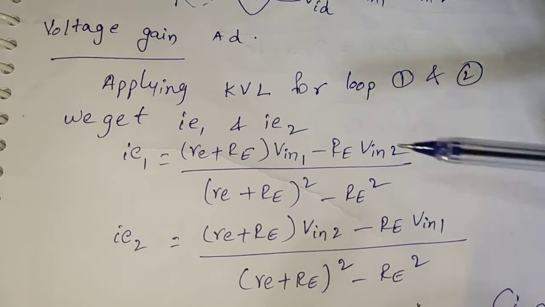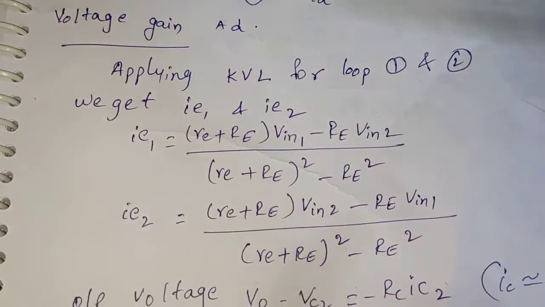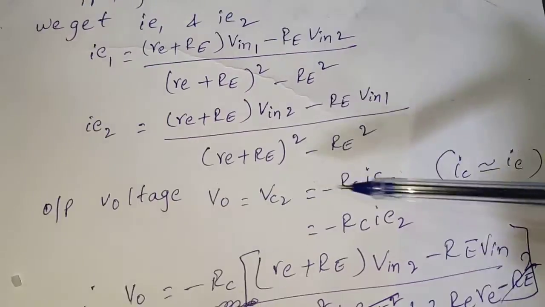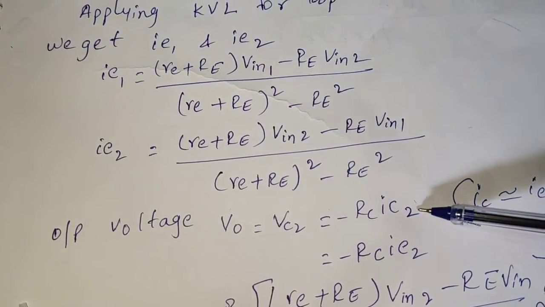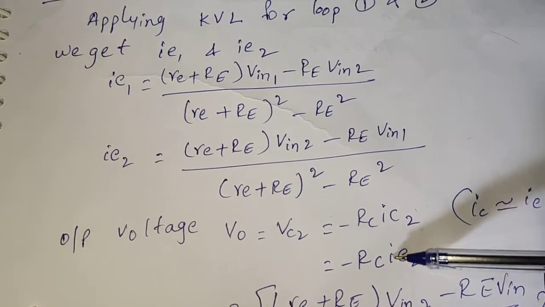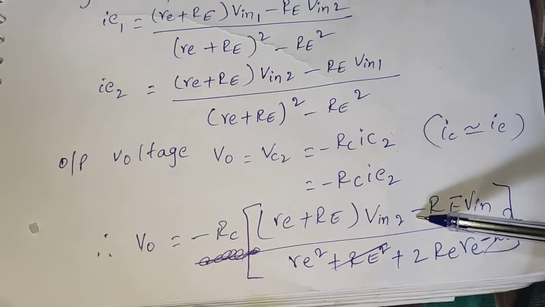Here I am simply explaining these IE1 and IE2 values. We get them by applying KVL for loop 1 and loop 2. And what is the output? VC2 is equal to minus IC into RC, with IC approximately equal to IE2. So we substitute the IE2 value here.